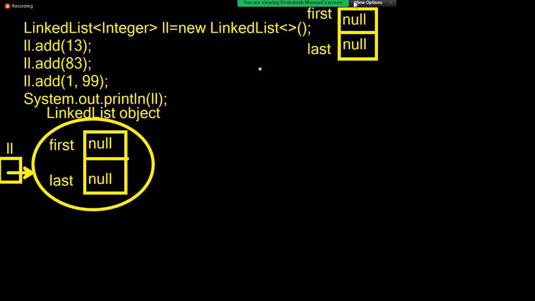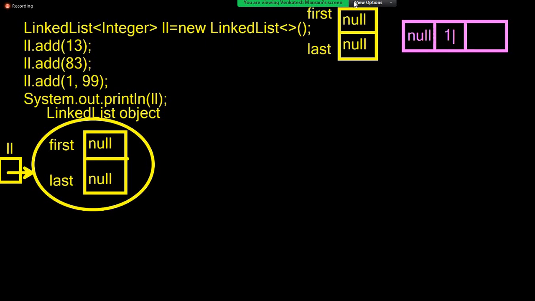When LL dot add 13 is executed, one node is created. One node is created here, which contains 3 parts: the left link field, the data field, and the right link field. The left link field contains the previous node address. This is only the first node, there is no previous node, that's why null is stored here. Then the data field, data.